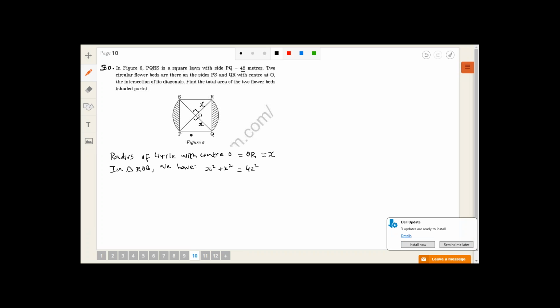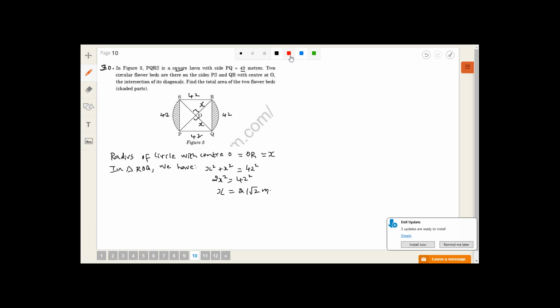It is given PQ is 42, but it's a square, so this will be 42, this will be 42, this will be 42, and this will be 42. So x square plus x square is equal to 42 square, or 2x square is equal to 42 square, or x will be equal to 21 root 2 meters.